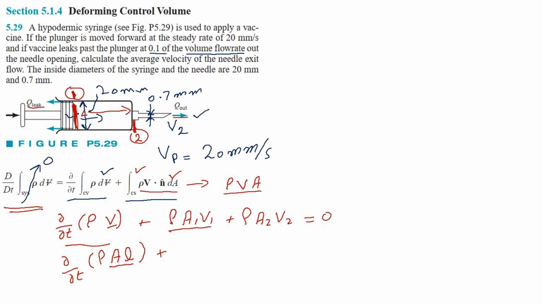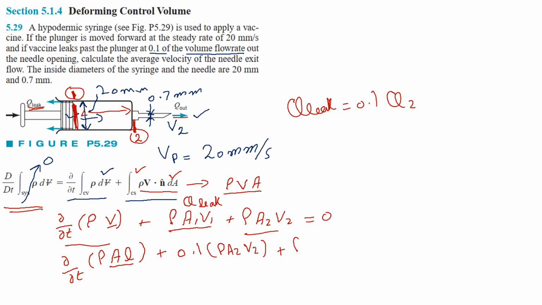This is at my section 1, and at section 1 my liquid is leaking, so I can also write this as the flow rate of the liquid that is leaking, and from my given data I can see that my Q for leakage is equal to 0.1 of Q2, meaning this term. Okay, so I can write this in terms of 0.1 into rho A2 V2 plus rho A2 V2.